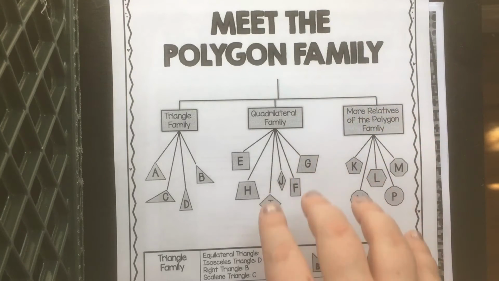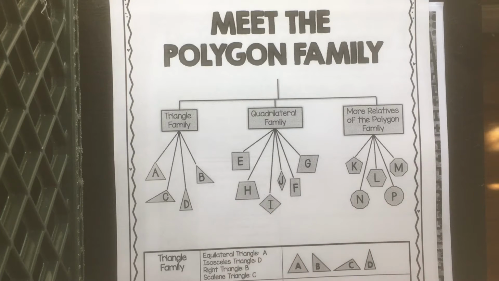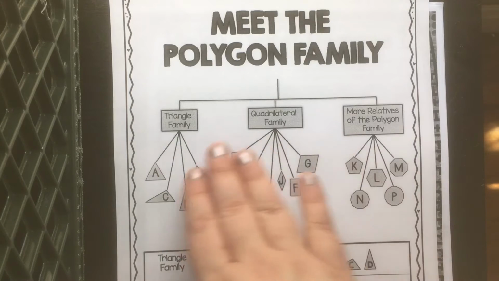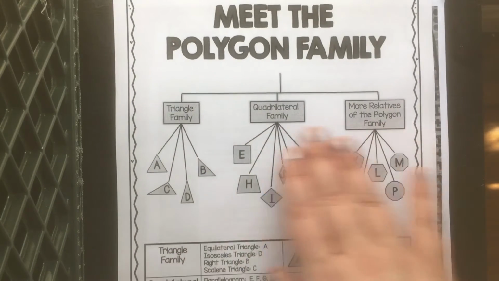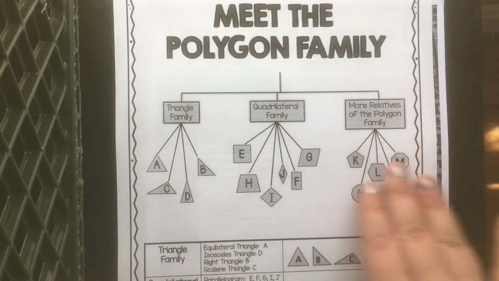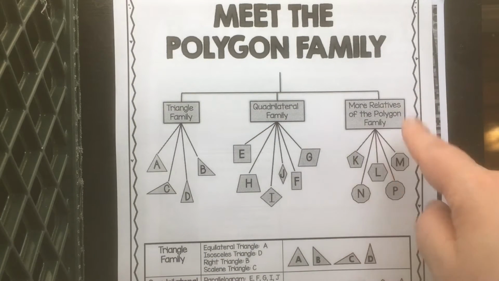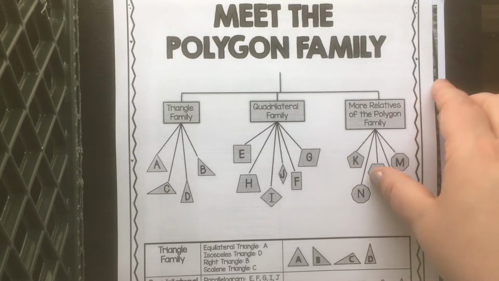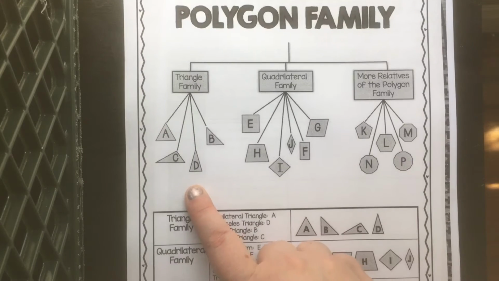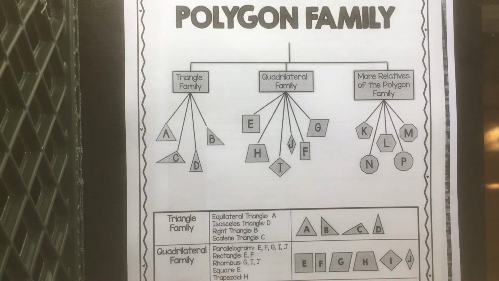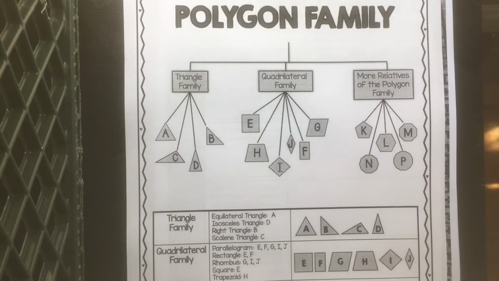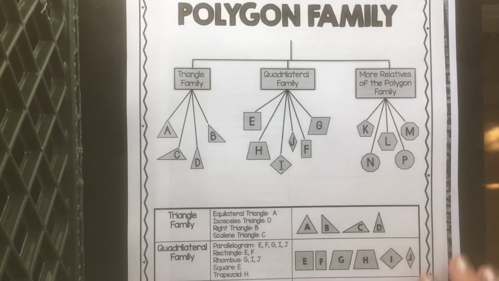So remember that we can name polygons. A polygon is a closed shape. It has straight sides. And then they've kind of grouped them into triangle, quadrilateral, and then more relatives, which is a lot of different relatives, but you know. We should be pretty familiar with our triangle and quadrilateral families.